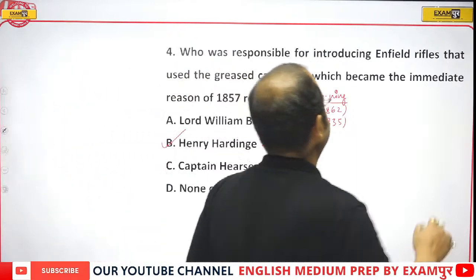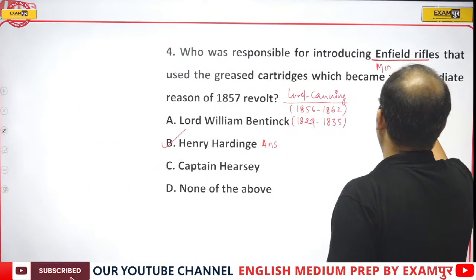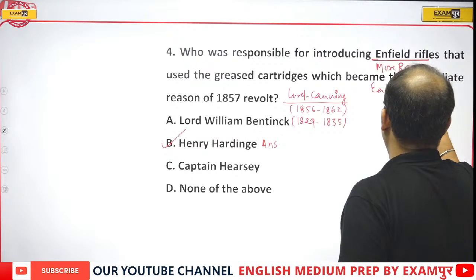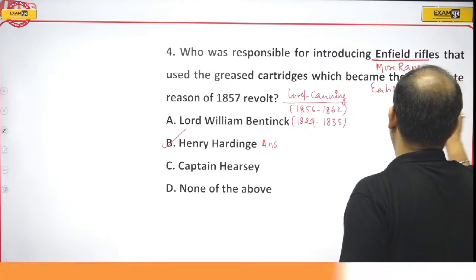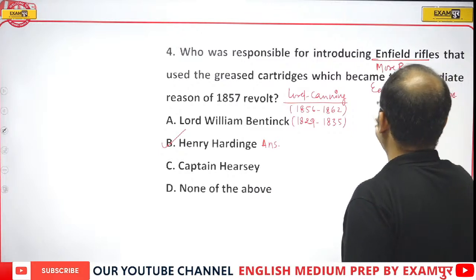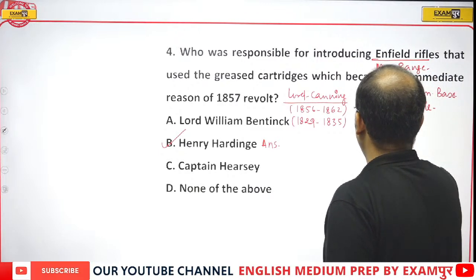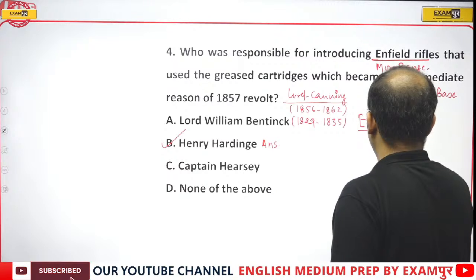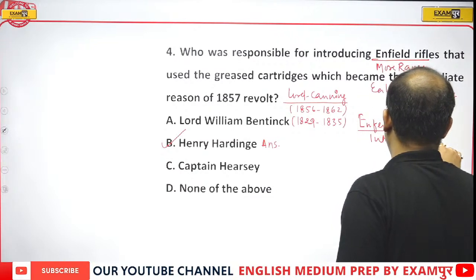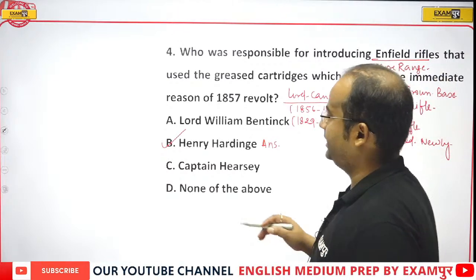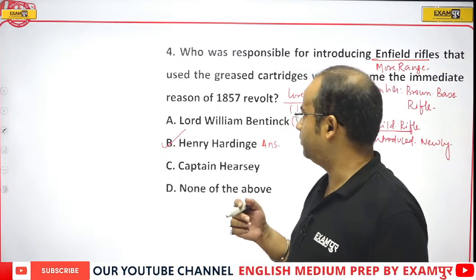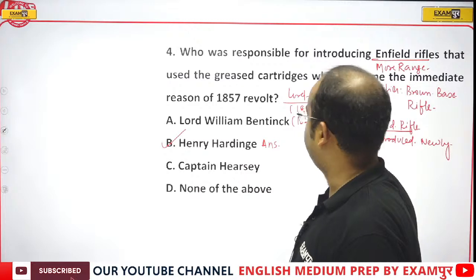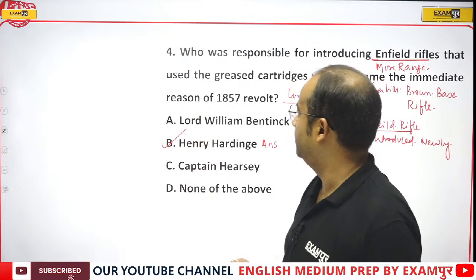And the Enfield rifle has more range than the earlier Brown Bess rifle. The Enfield rifle was newly introduced, and it has more range than the Brown Bess rifle. The recoil of the Enfield rifle was less than that of the Brown Bess rifle.